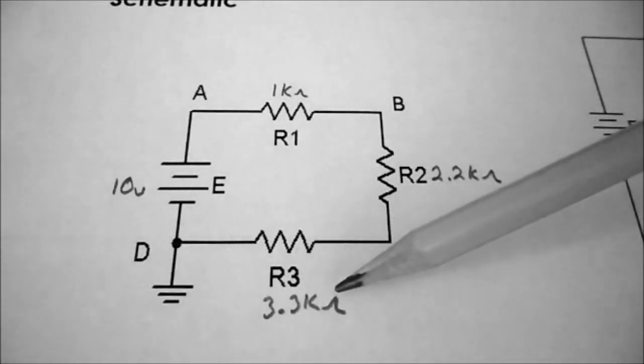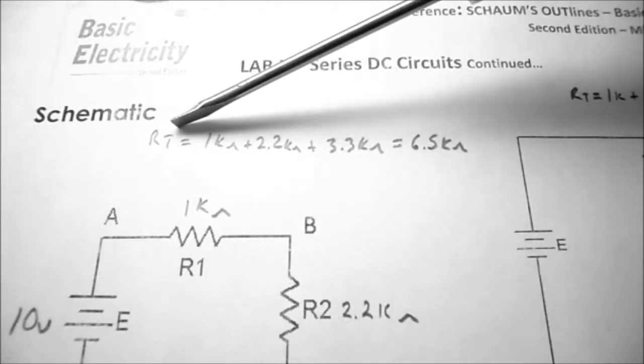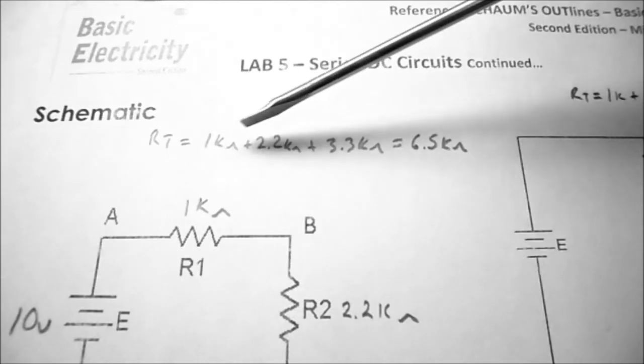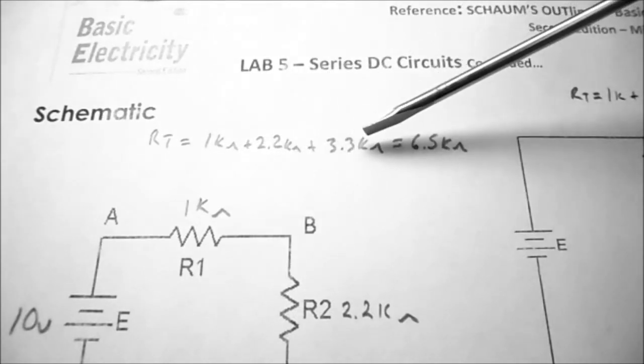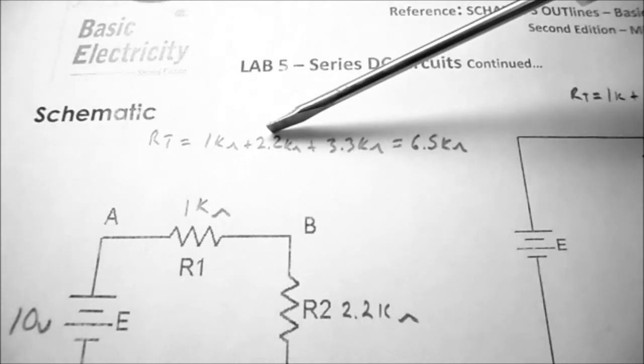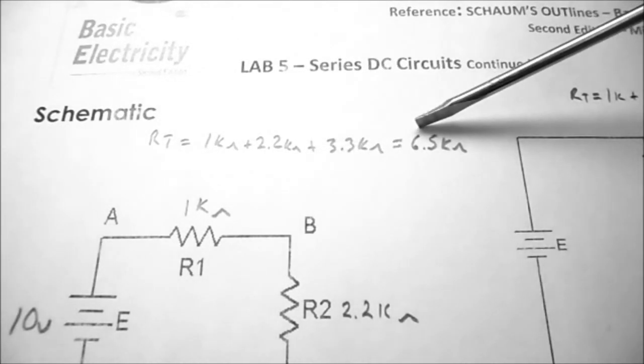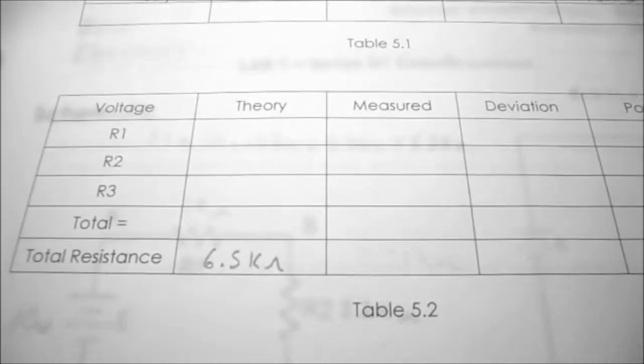2.2K, and the 3.3K. So in a series circuit, the total resistance is just the addition of the individual resistors. So in this case, we're adding 1K to 2.2K to 3.3K and coming out with 6.5K ohms.